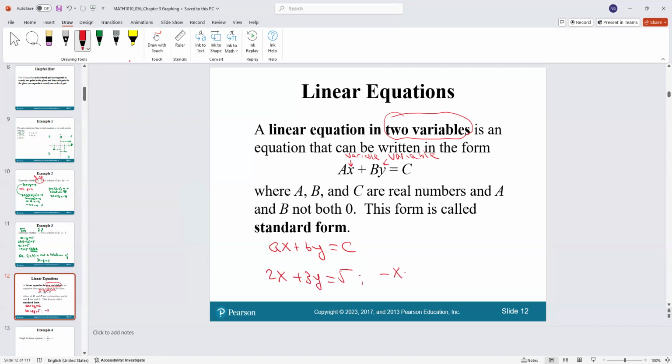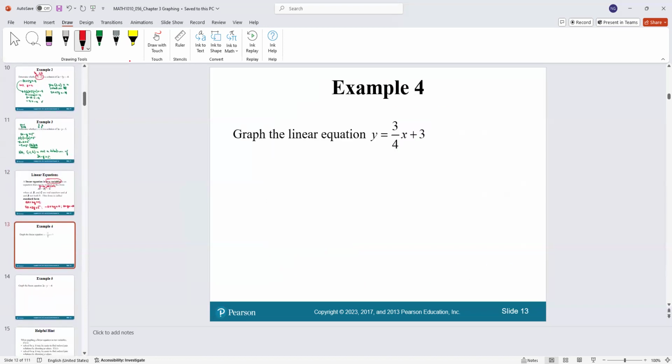Negative X plus 7Y equals 0, or you can have 5X minus Y equals negative 10, etc. So I give you a few examples where you would see the equations have only X and Y, and A, B, C are substituted by real numbers.